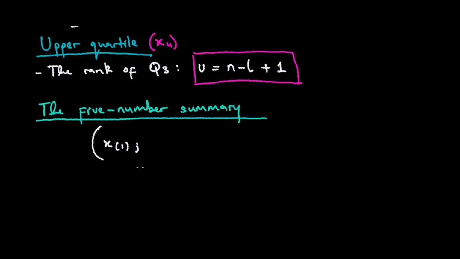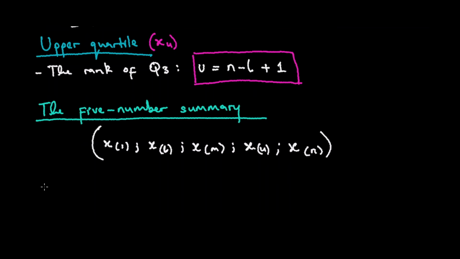Your second value, which is the lower quartile or first quartile, is XL. Your middle number, which is the median, is XM. Then your next number is the upper quartile, XU. You finish with the maximum value, which is xn.